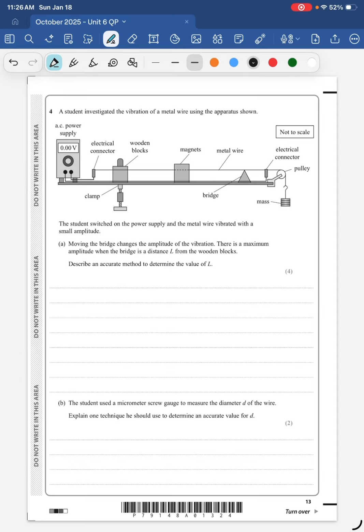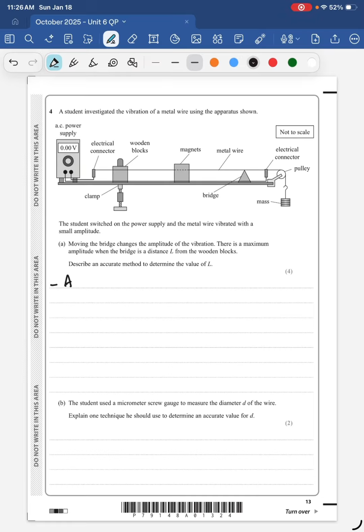The student switched on the power supply and the metal wire vibrated with a small amplitude. Moving the bridge, this thing is the bridge, changes the amplitude of the vibration. There is a maximum amplitude when the bridge is a distance L from the wooden blocks. Describe an accurate method to determine the value of L. This is a 4-mark question.